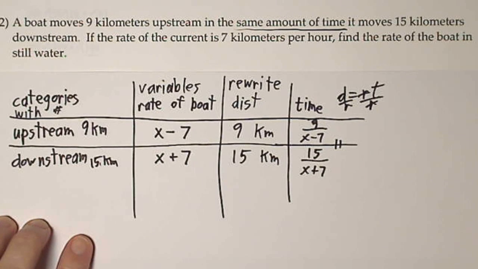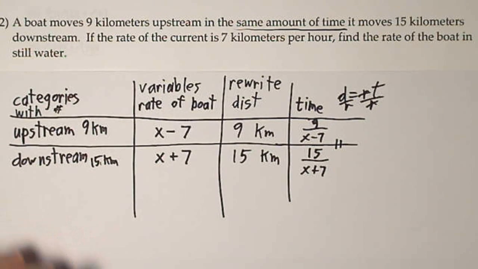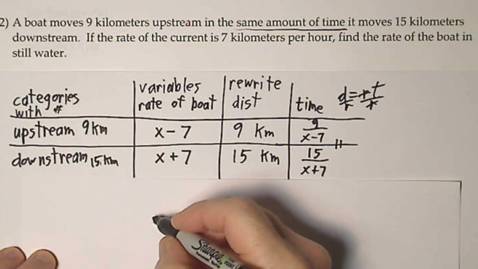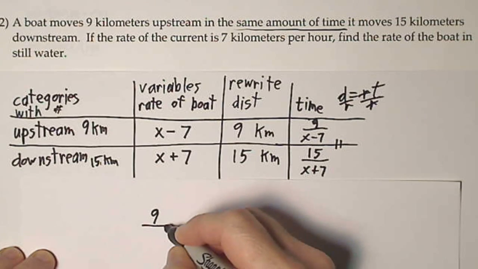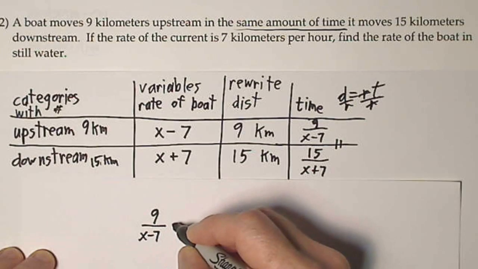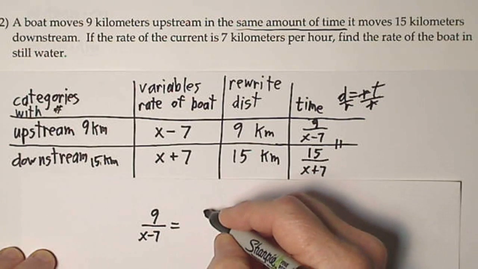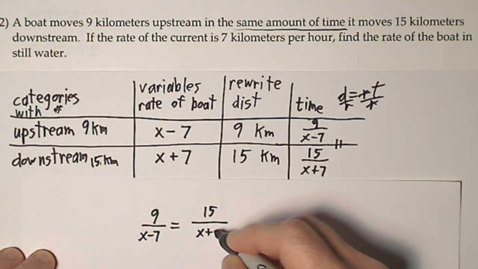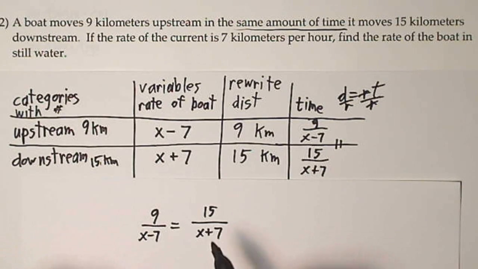And where should I work this? So we have 9 over x minus 7, 15 over x plus 7, and we'll clear this of fractions in the usual manner.